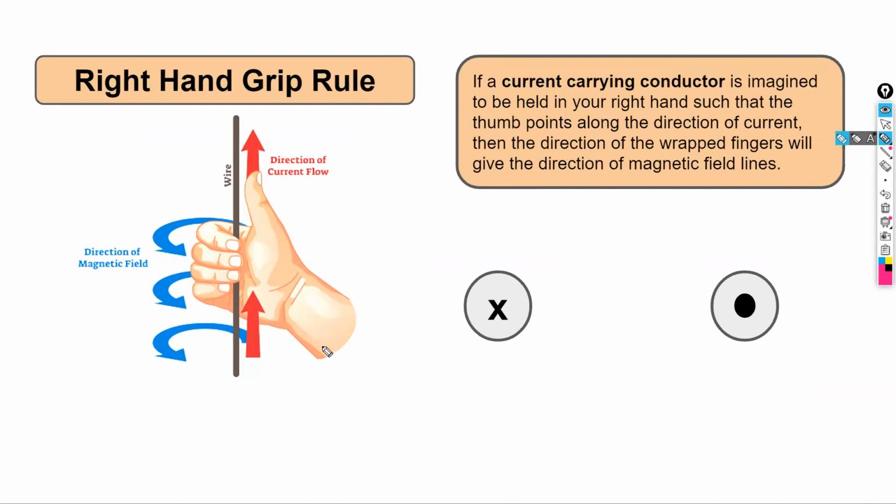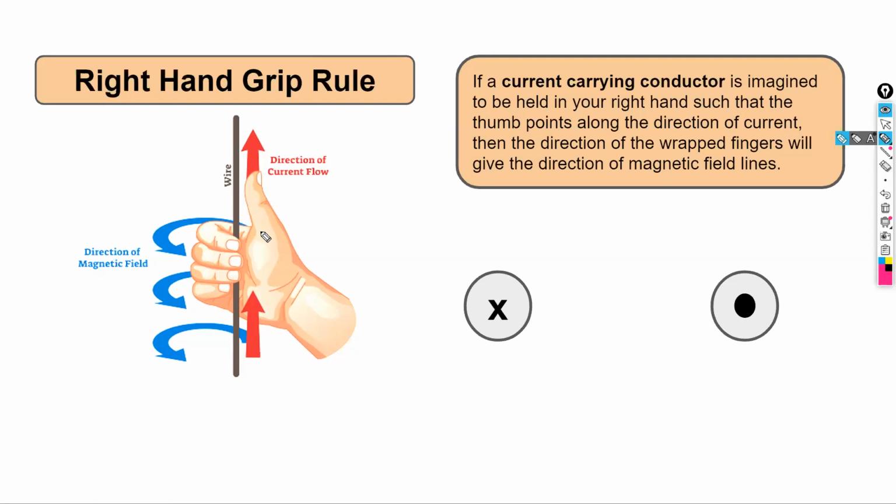To figure out the direction it's rotating, you just use something called the right-hand grip rule. All you have to do is grip the wire with your right hand, obviously, because it's the right-hand grip rule, and your thumb points in the direction the conventional current is moving, the one that we normally call current.